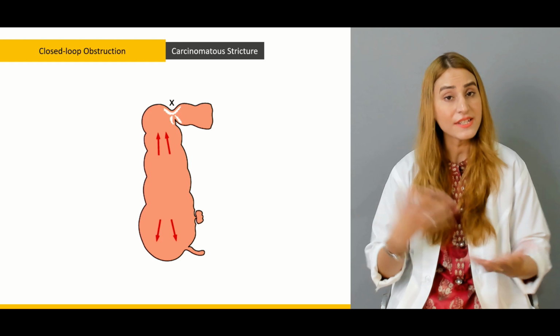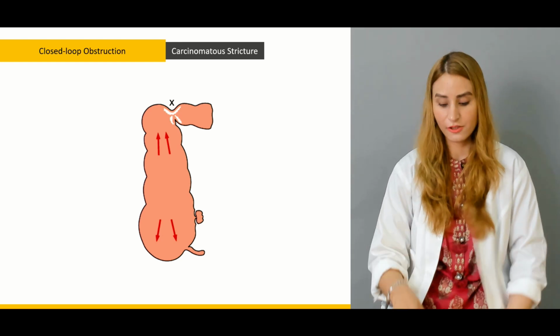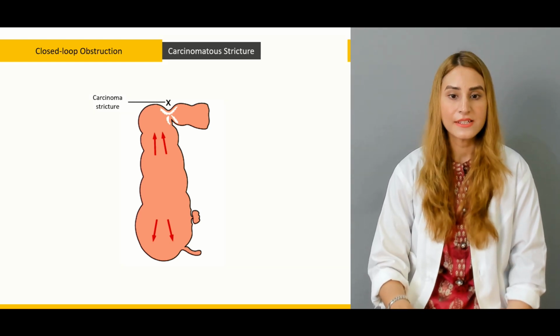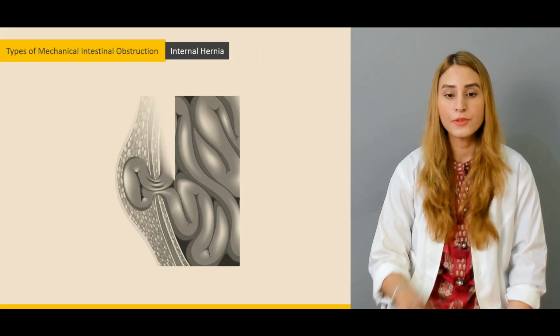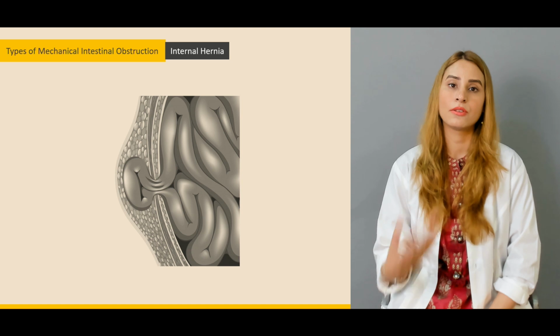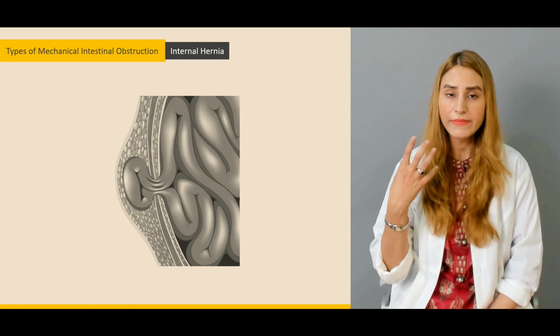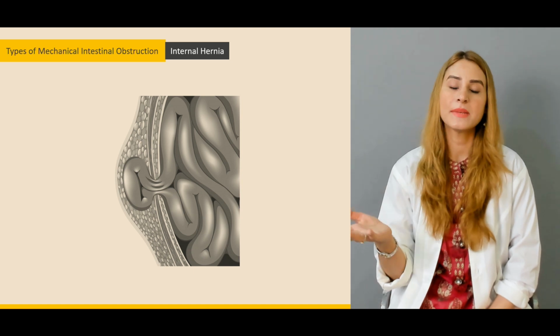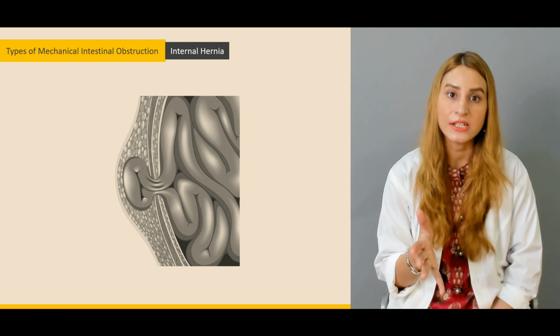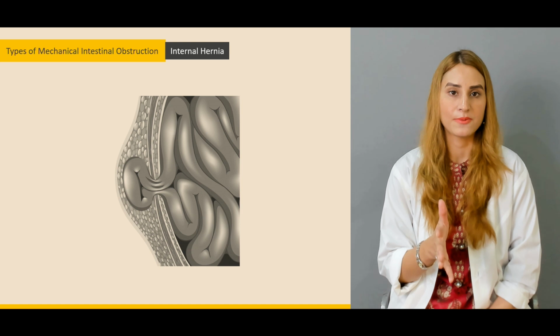In the case of carcinomatous strictures, this is called closed loop obstruction. You can see here the carcinomatous stricture. Okay, so we talk about mechanical intestinal obstruction, and we talk about dynamic obstructions, because whenever there's a mechanical intestinal obstruction, that is called a dynamic obstruction.